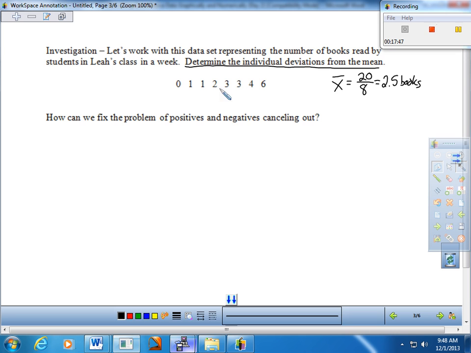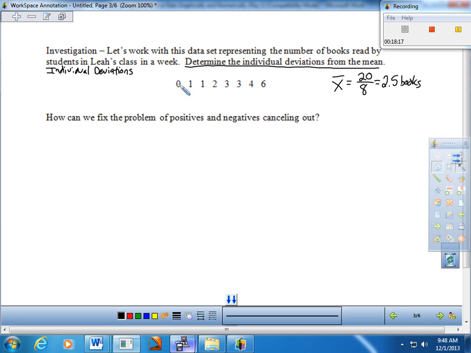And so what we want to do now is talk about the individual deviations. And in this case, there are going to be 8 of them. So write on your paper, if you would, individual deviations. All right, perfect. Now here's the idea. Each one of these values is a certain number of units away from the mean.